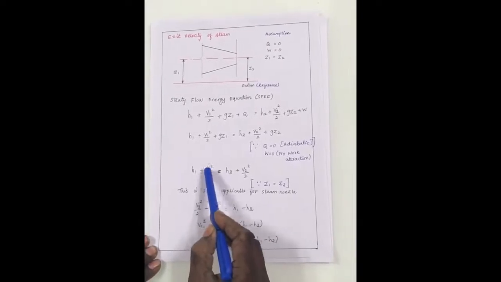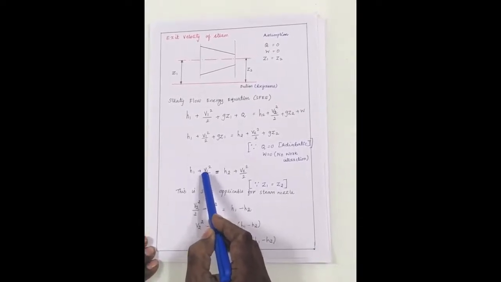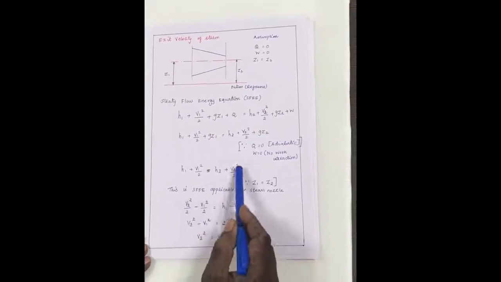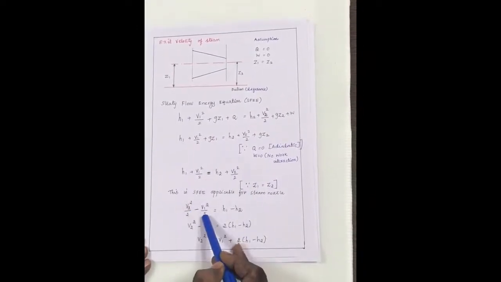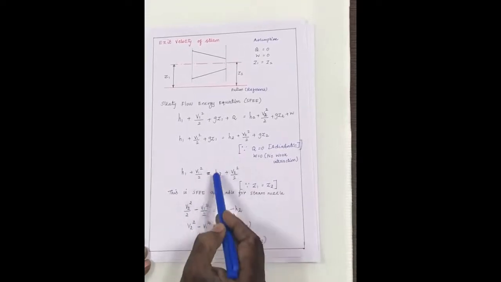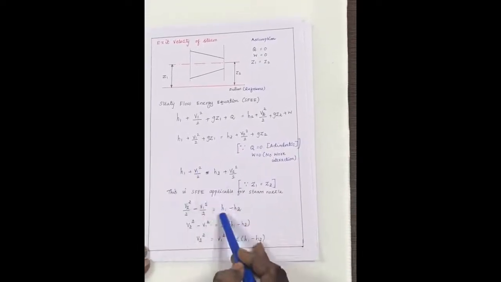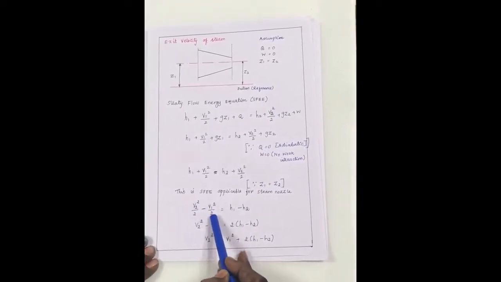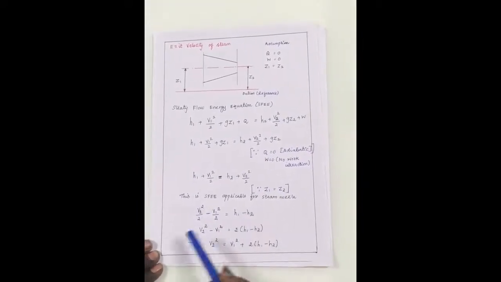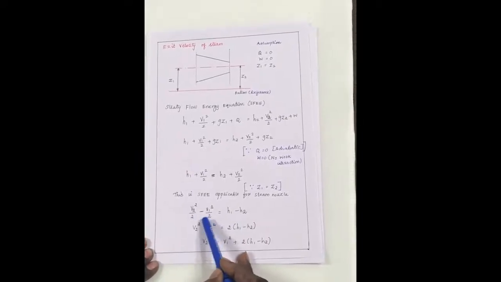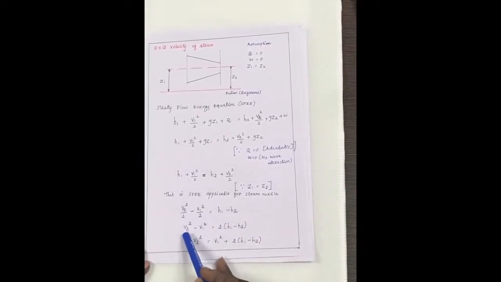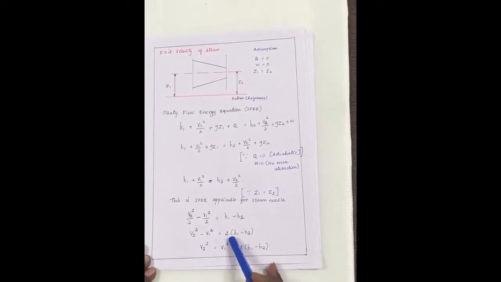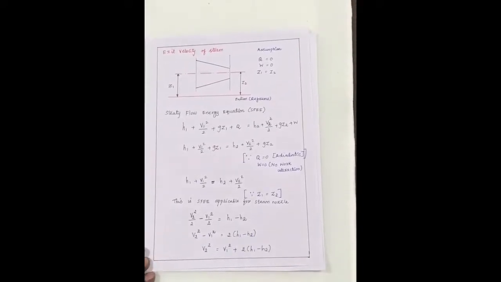So move the V1 squared by 2 term to the right hand side. V2 squared by 2 minus V1 squared by 2 is equal to H1 minus H2. Take 2 as common and cross multiply: V2 squared minus V1 squared equal to 2 into H1 minus H2.